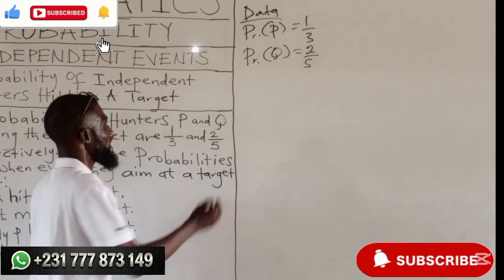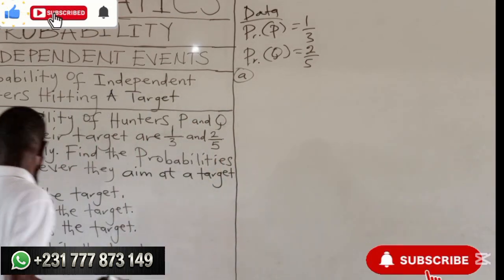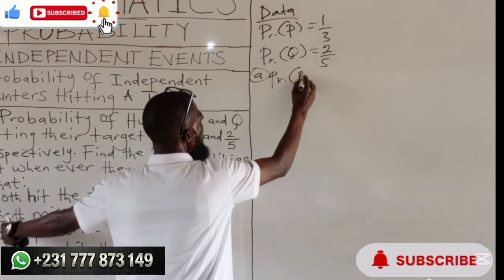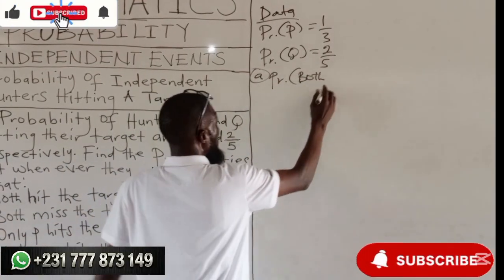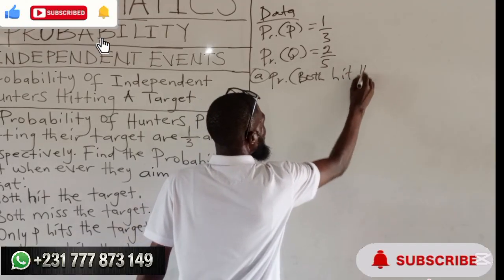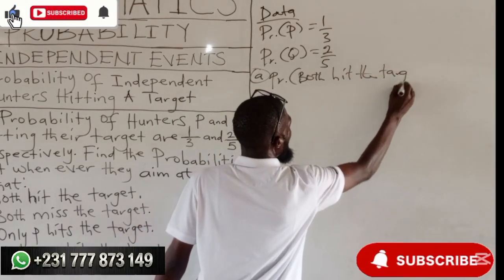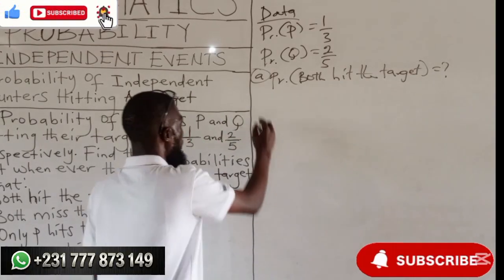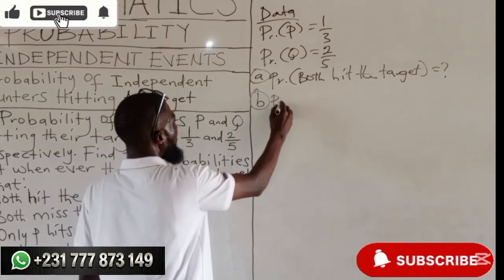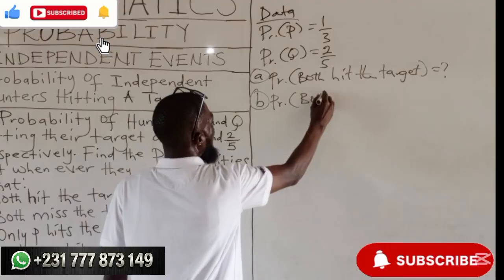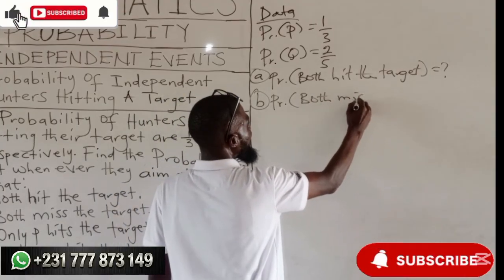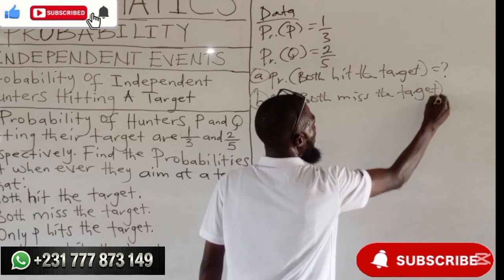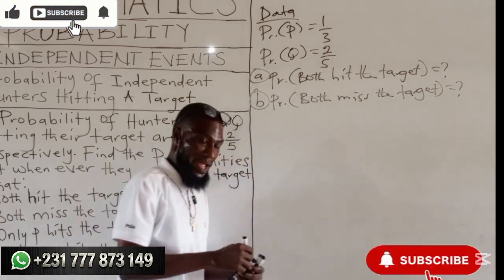On this note, ladies and gentlemen, we say A, the probability that both hit their target will definitely be equal to question mark. B, the probability that both miss the target will definitely be equal to question mark.